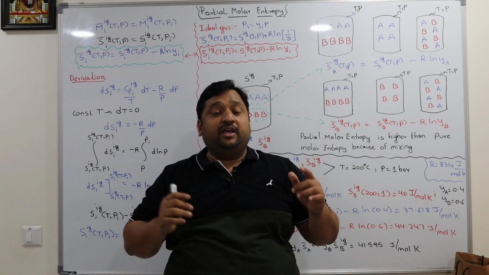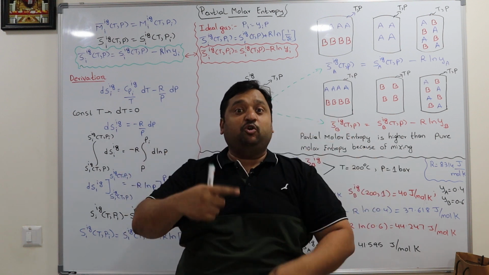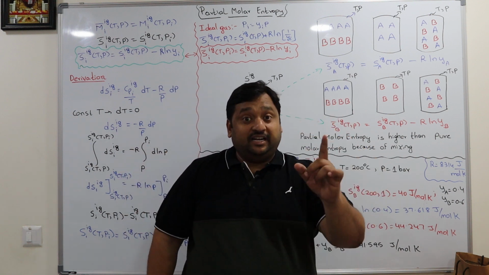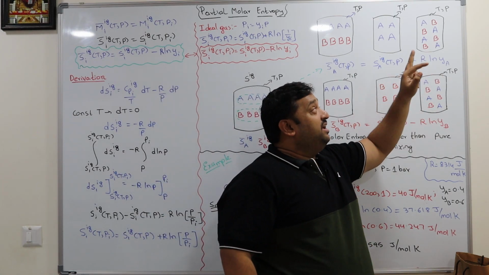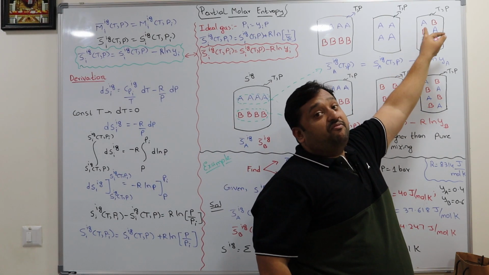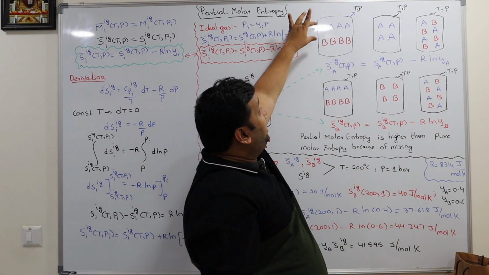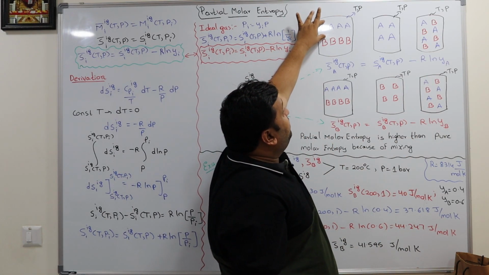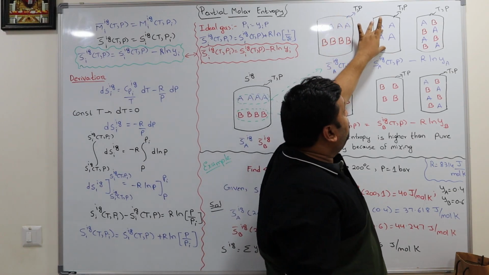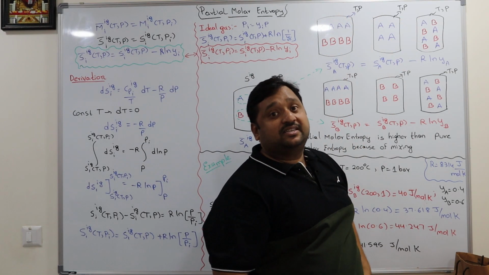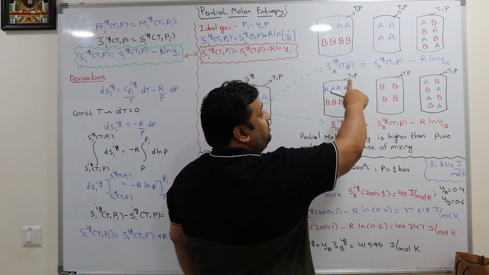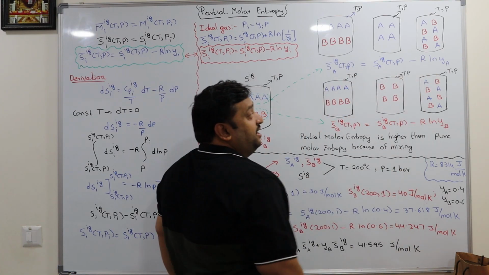If you mix two things, entropy always increases. That is called entropy of mixing. The term R ln Yi represents the mixing of A and B. That means the partial entropy of A is nothing but the pure entropy of A plus the mixing of A and B in this container. That is why it is represented diagrammatically.